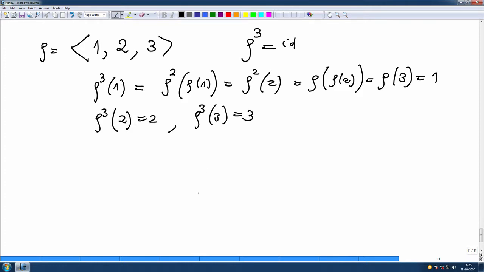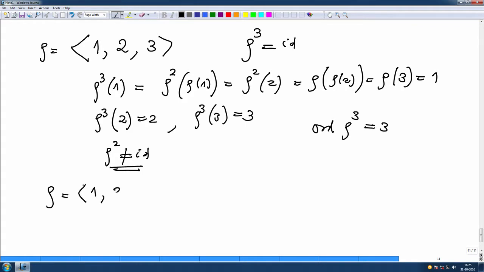So therefore the order of rho is 3. You have to check that rho squared is not identity, but that is very easy actually. When you are given a cycle like this, if you want to write rho squared, you jump. So 1 has to go to 3, but you jump 1 step.